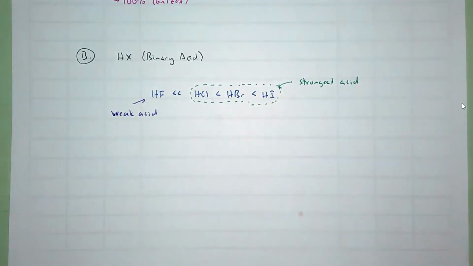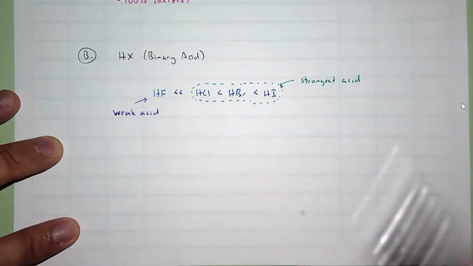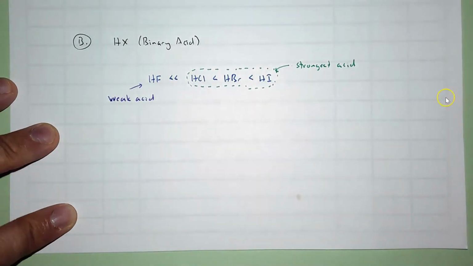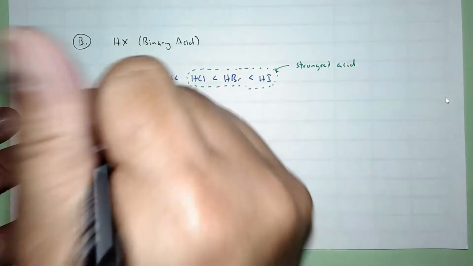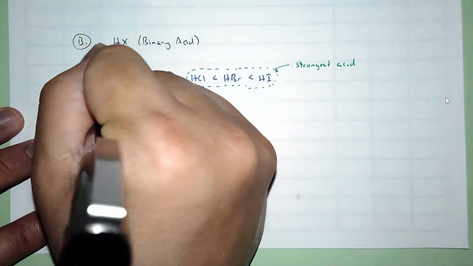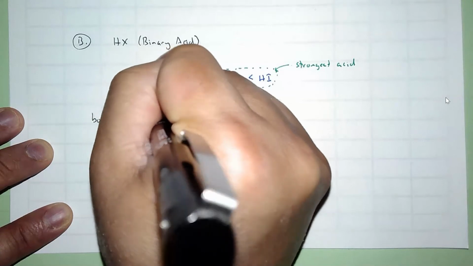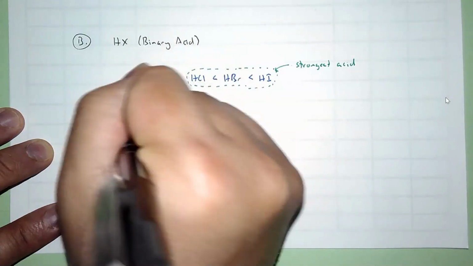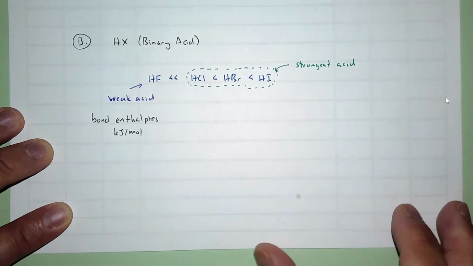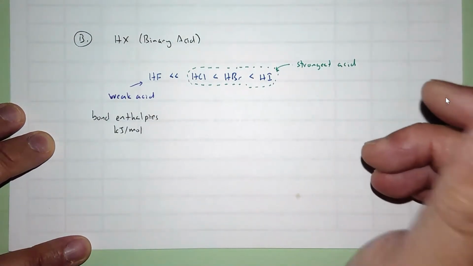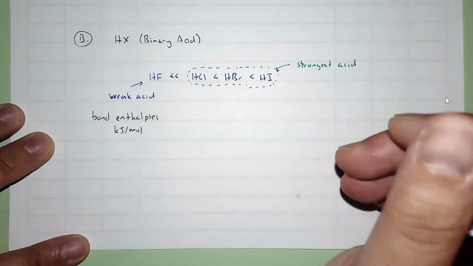So why is that the case? Before I go over any rationale for why the trend is true, let me give you the actual measured bond enthalpies in kilojoules per mole. Bond enthalpies are the energies required to break a bond.